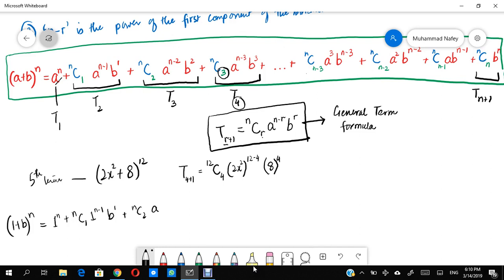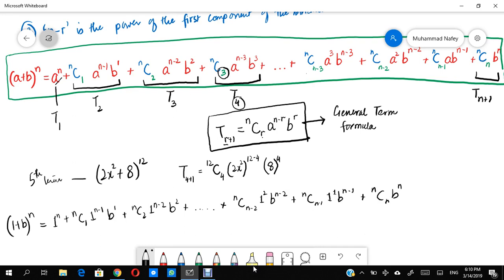So this is 1 to the power of n take away 2 times b to the power of 2, so on until we reach somewhere like n take away 2 times 1 to the power of 2 and b to the power n minus 2 add n take away 1 to the power of 1 times b to the power n take away 1 add n b to the power of n.